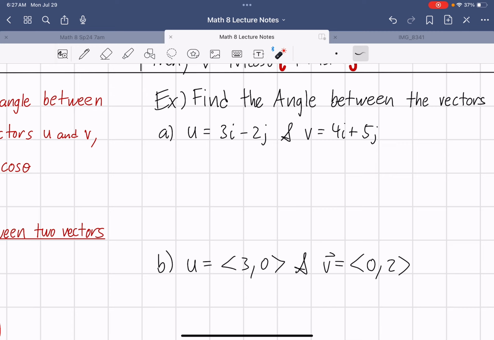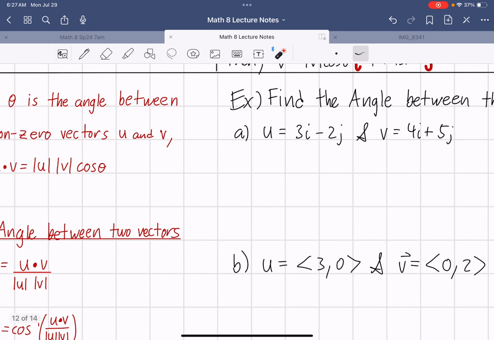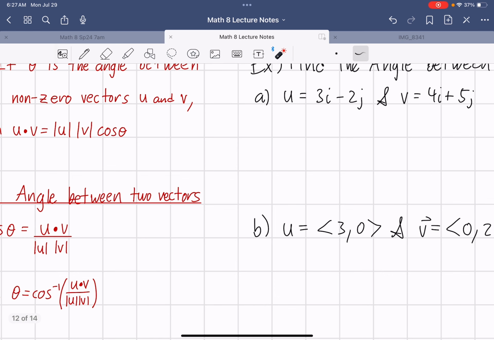Now we have the formula here. So to find my theta, I need to do cosine inverse of u dotted with v over the magnitudes of u and v.